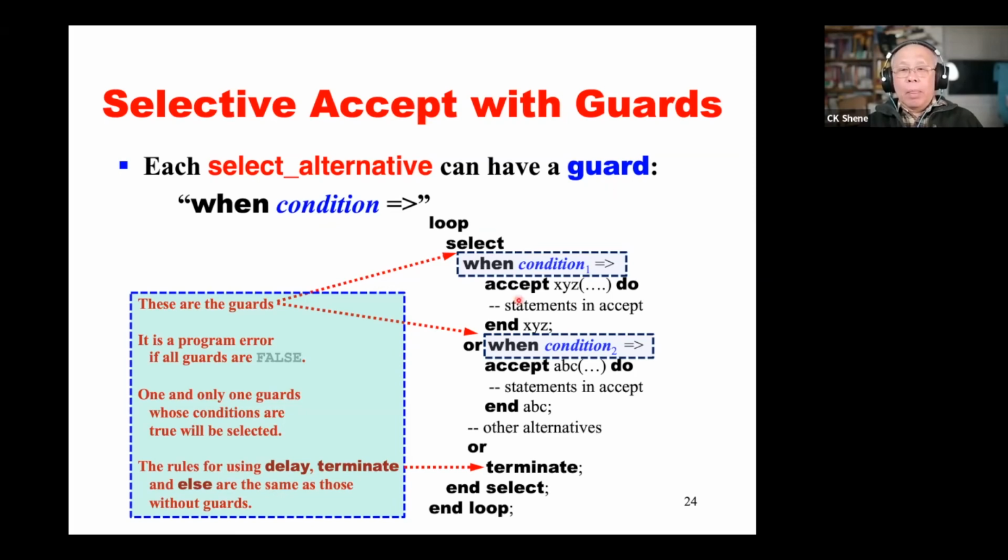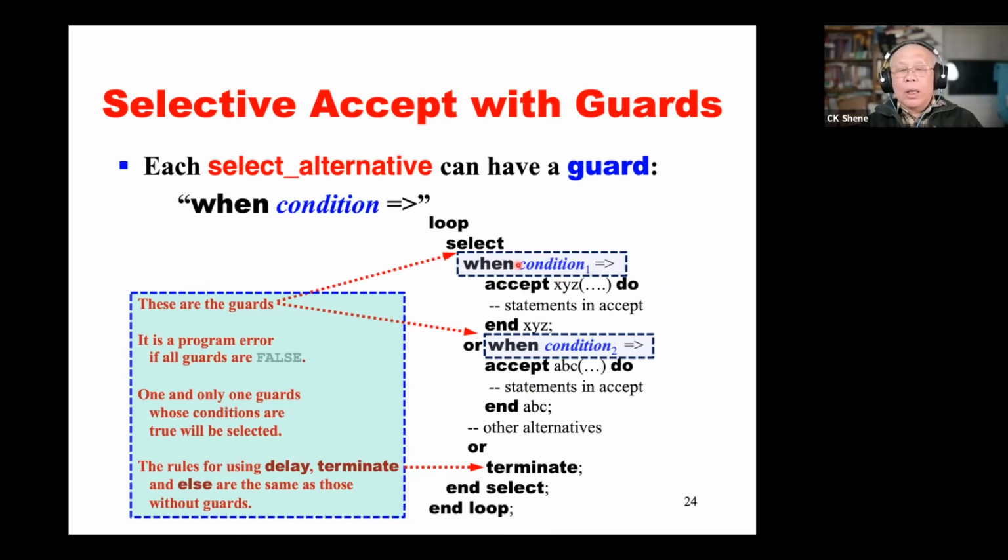Before each accept statement, you could add the when clause. So some may have when, some may not have when. It's your choice. So this means if condition 1 is satisfied, this is an equal, larger than, consider as a pointer.